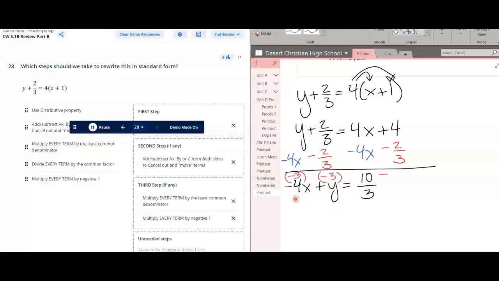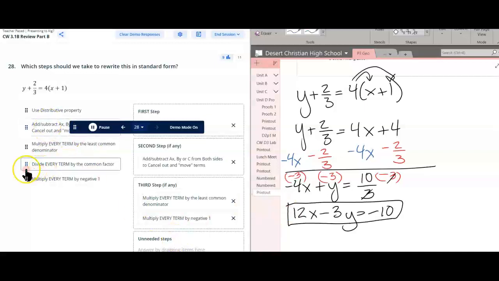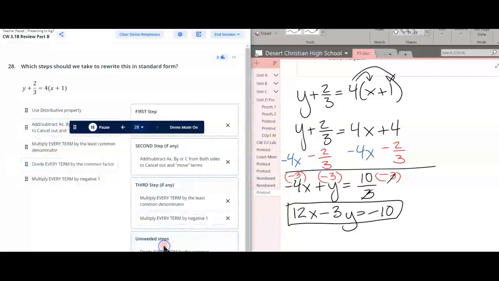I can combine those 2 steps together and do them all at once instead of separately, so that I get positive 12x minus 3y equals, my 3's cancel, -10, leaving me dividing by a common factor as my unneeded step.